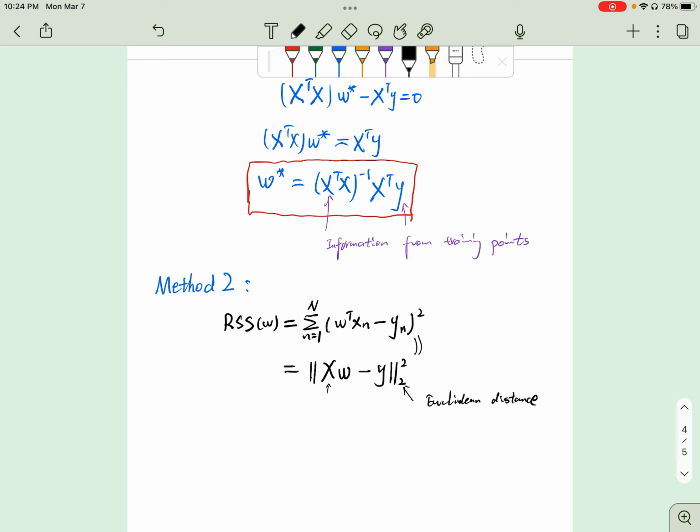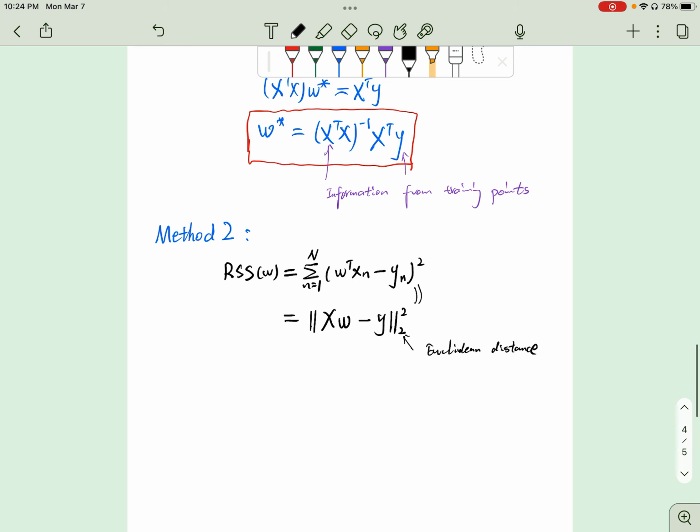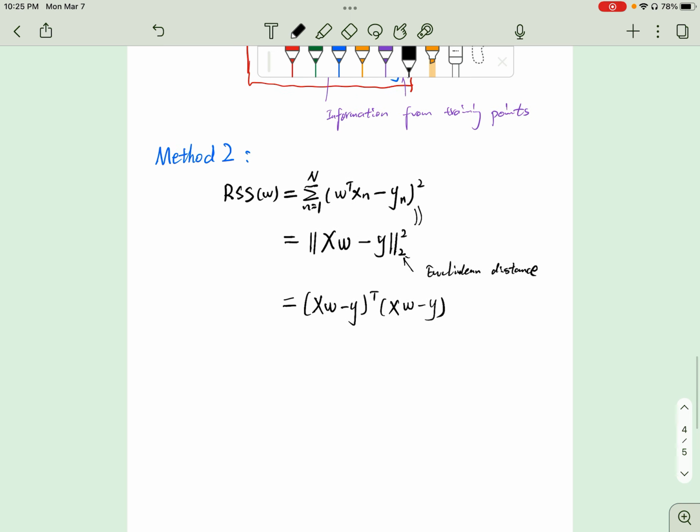Okay. And you can also expand everything here. I will not expand here to save some time. If we write this in a matrix form, I can also write it in this way. Because it's a vector, I will write it as the transpose multiplied with itself. This is also easy to understand because this is the Euclidean distance.